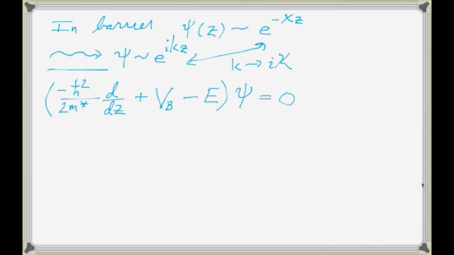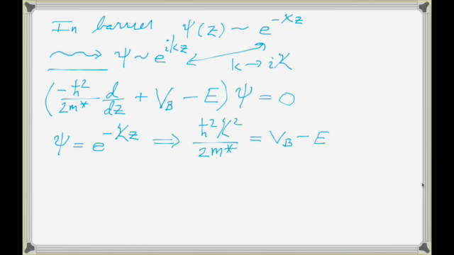If we put the solution psi equals e to the negative kappa z into this, take the second derivative, you basically get that h bar squared kappa squared over 2m star is equal to VB minus E.